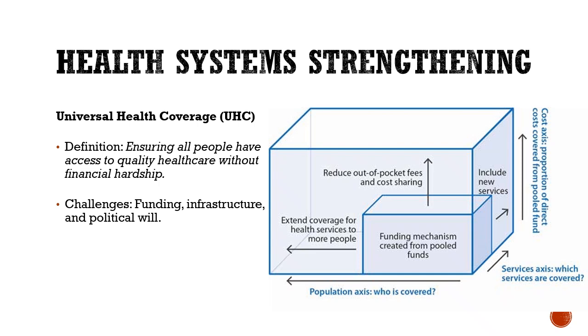Yet the benefits are enormous: healthier populations, reduced poverty, and more resilient societies. Thailand, for example, achieved UHC in 2002, proving that even middle income countries can make this vision a reality with the right policies and priorities.